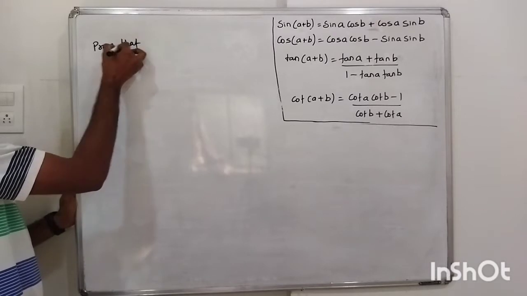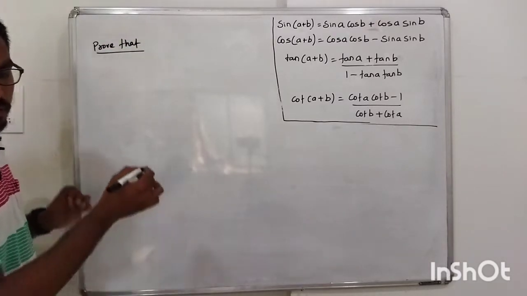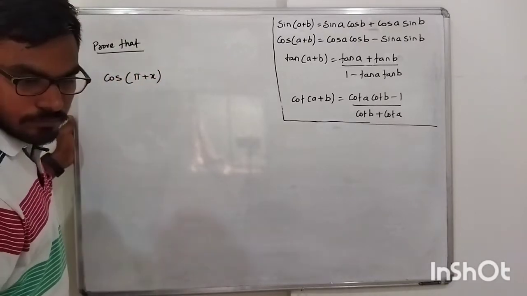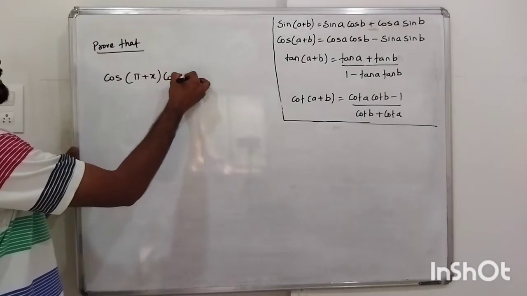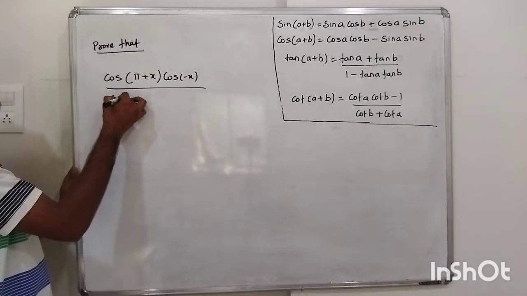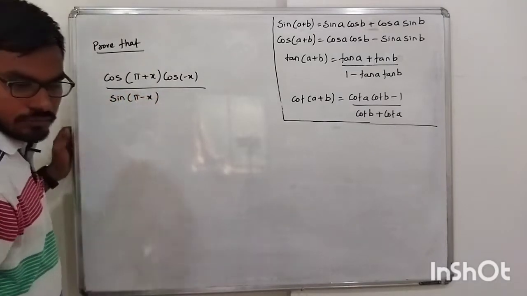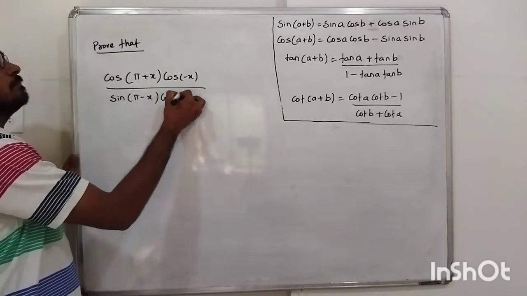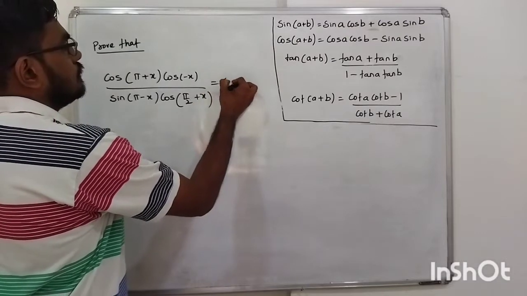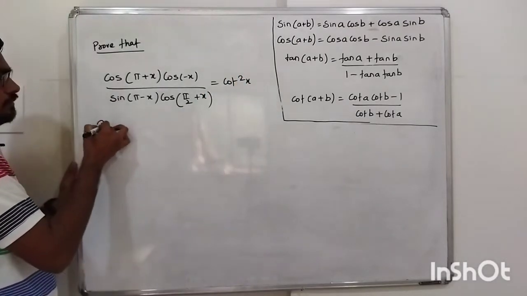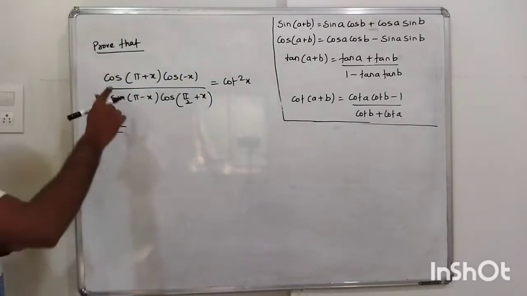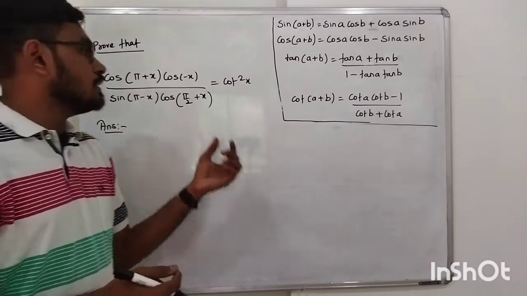Prove that cos(pi plus x) cos(minus x) upon sin(pi minus x) cos(pi by 2 plus x) is equal to cot square x. Okay, so how do we prove this? We have cos(pi plus x), cos(minus x), sin(pi minus x), cos(pi by 2 plus x).